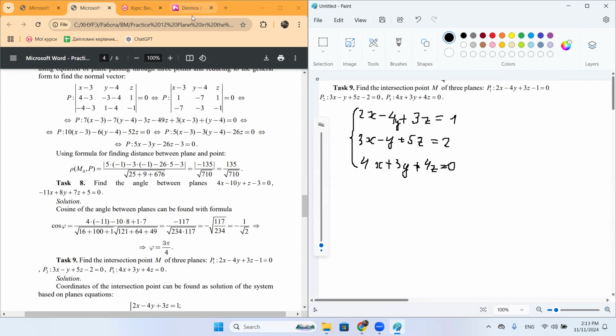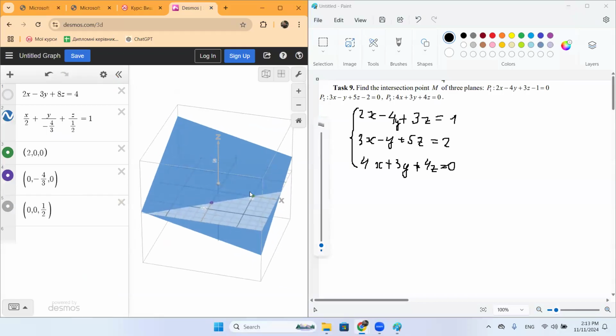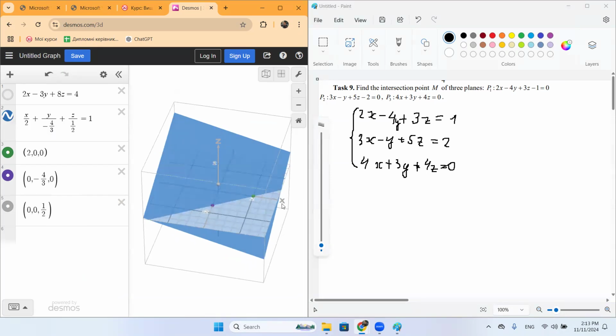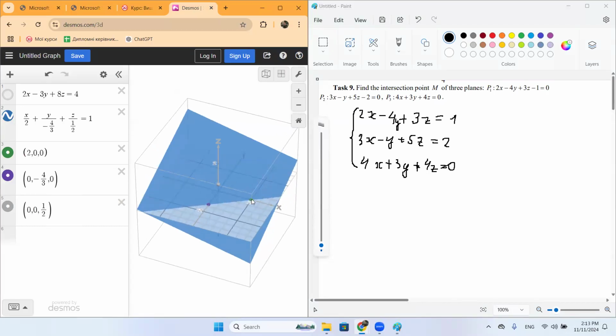So, for example, if we take the coordinate plane XOY or XOZ and this point and this plane, so they don't have, oh no, they have a common point, so it exists. But anyway, we need to verify it. Yeah, so they always have the point.